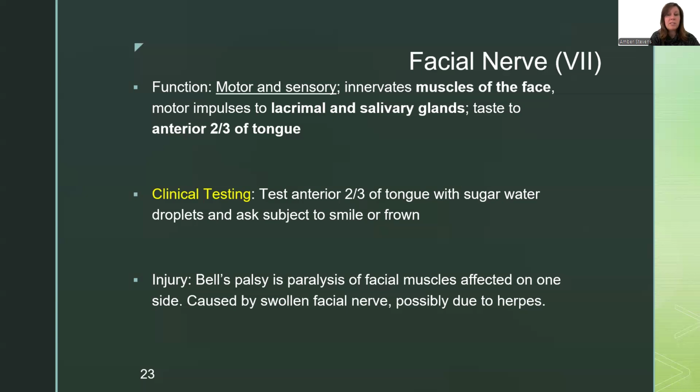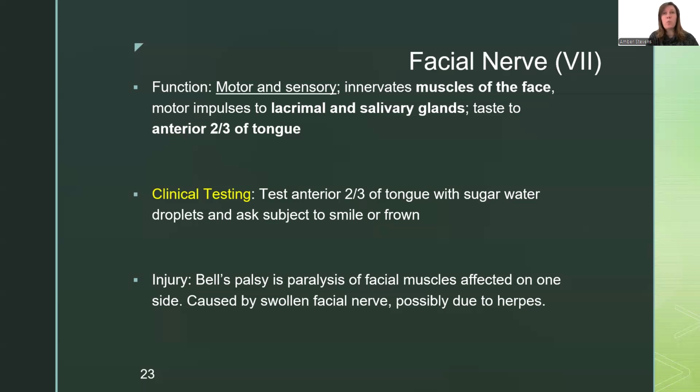Damage to this nerve can cause Bell's palsy, which is a condition involving paralysis of the facial muscles on one side. It's usually due to viral infection.